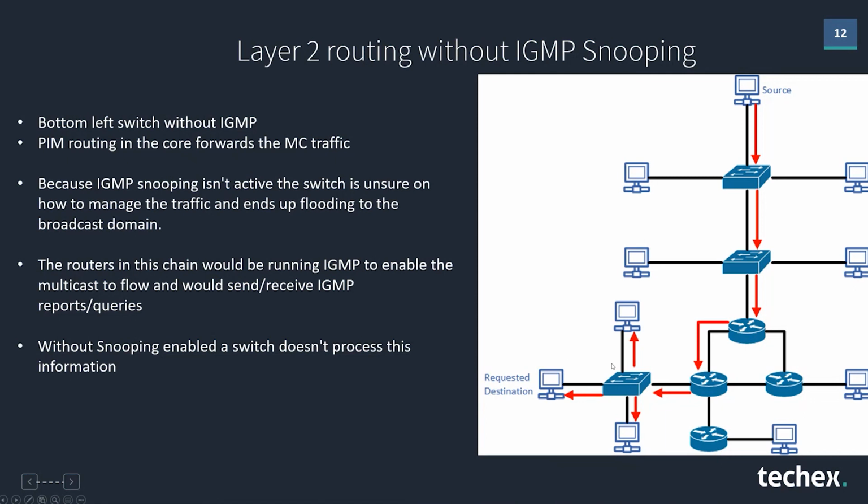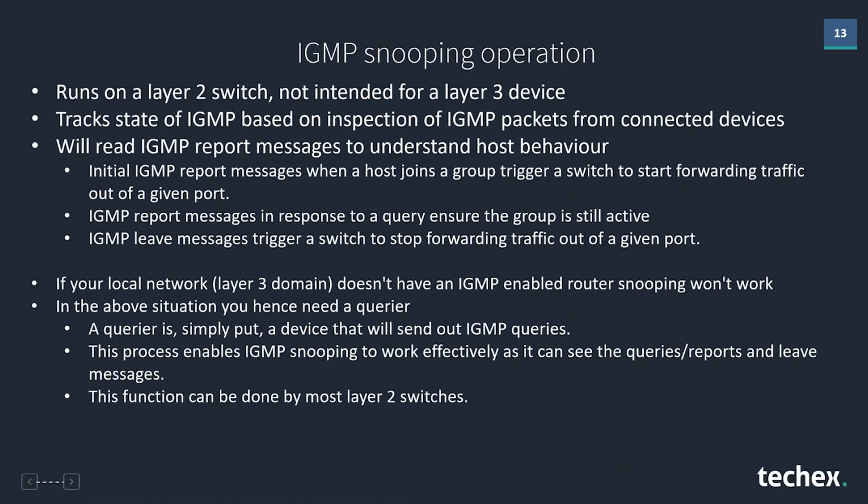If this traffic came into here and then started flooding on this device, and this was a crucial part of your broadcast infrastructure, and it just started receiving 10, 12 gig of traffic, it would probably die. So this is where you use IGMP snooping to enable your switches to know who is interested in what traffic, basically. Now, how that works is the switches will basically, well, next slide.